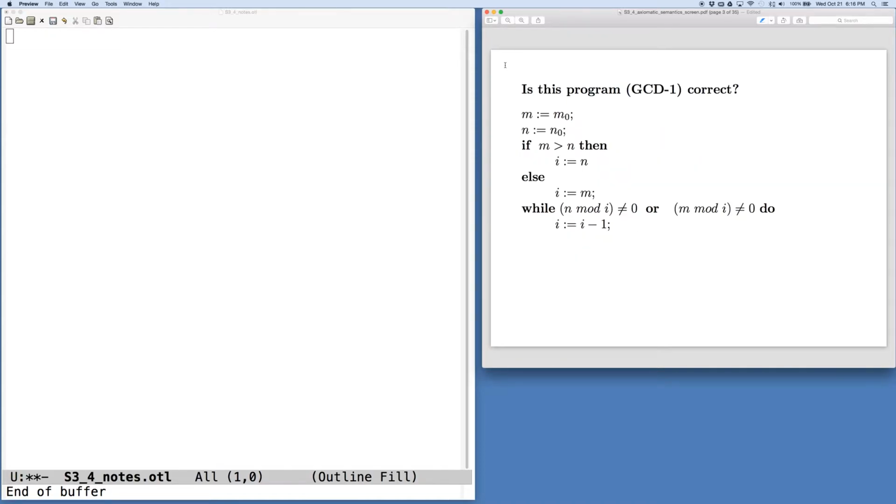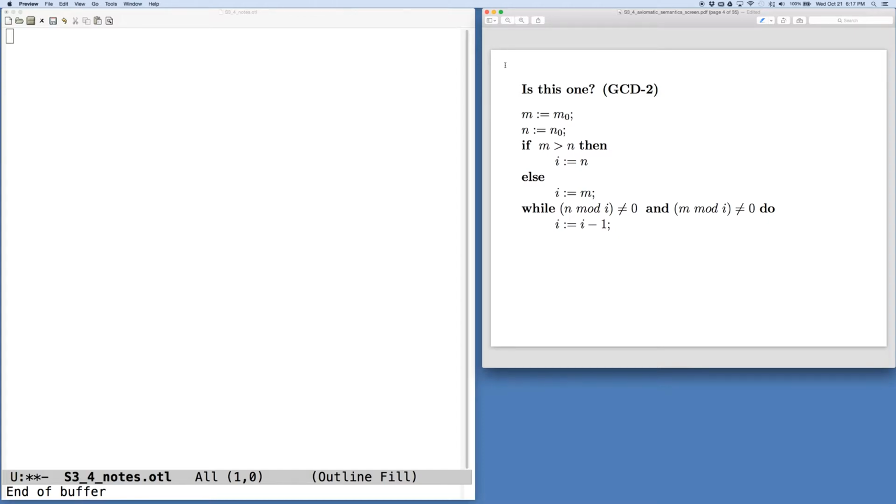So we began this discussion by asking a simple question. Is this program correct? What about this program? We notice that there's just a small change. GCD1 is a disjunction. Here we have a conjunction with and. And so one of you very quickly pointed out that, well, what do we mean by correct?